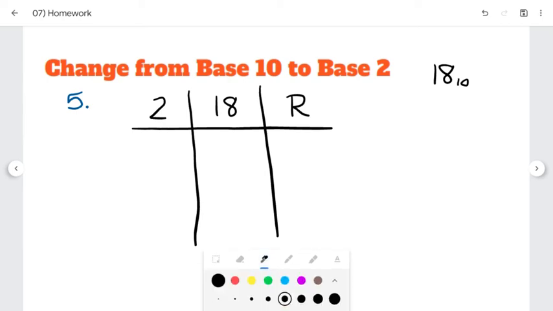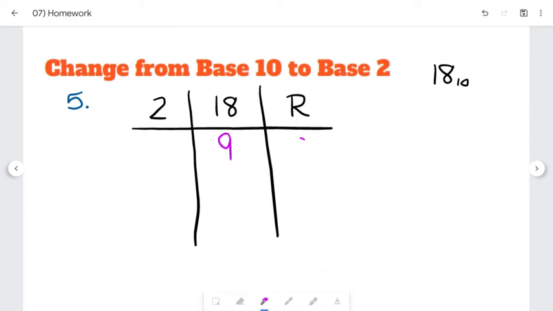So now what I want us to do is divide 18 by 2. Well, we get 9, and there's no remainder then. But since there's still a number here, I'm going to do this again. I'm going to divide by 2. I'm going to repeat that till my middle column gets to a 0.